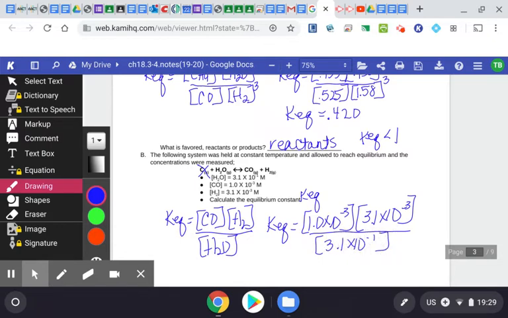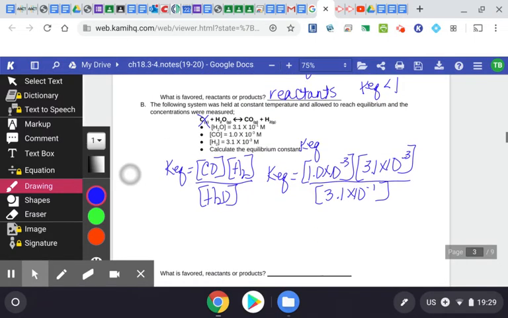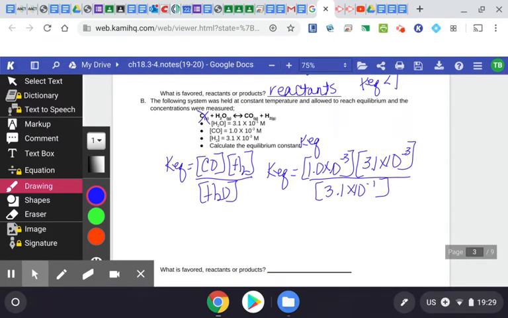I would go and calculate that out: 1.0 times 10 negative third times 3.1 times 10 negative third, and then divide it by the 3.1 times 10 negative first. And I get a KEQ value here of pretty small, 9.7 times 10 to the negative sixth. This KEQ value is definitely less than 1, which means that reactants would be favored here.